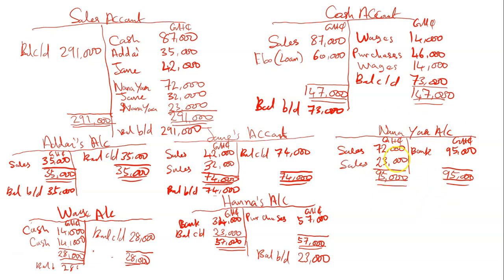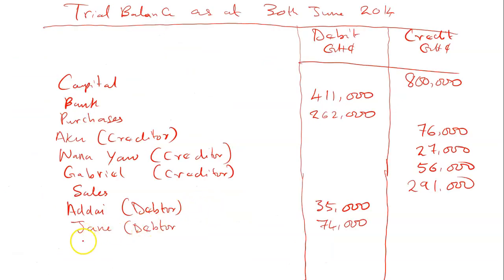So this will not be recorded anymore. Then for wages, okay, there was a balance carried down to this side, so balance brought down of 28,000 Ghana cedis, right? So wages has a debit balance of 28,000 Ghana cedis. So let's record that, wages, 28,000 Ghana cedis.